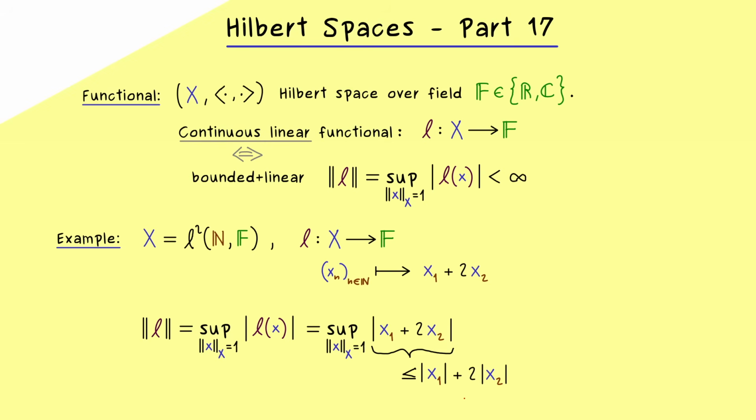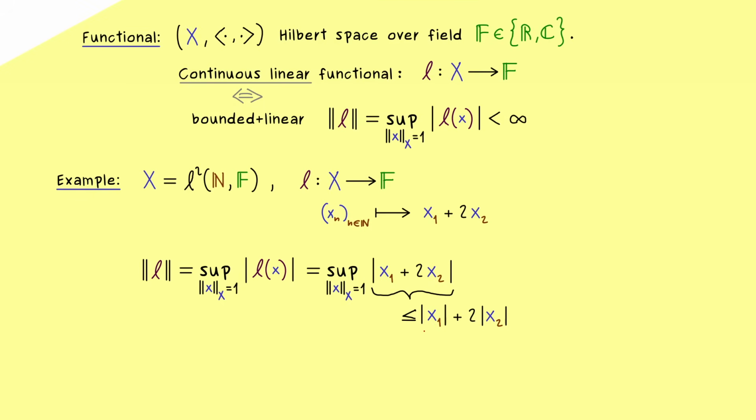This immediately implies that a single component cannot be larger than 1 in the absolute value. Otherwise, the whole L2 norm would also be greater than 1. So we don't have to calculate much here, because we immediately see that the whole supremum has to be less than or equal to 3. In particular, it's finite, so we have a bounded linear functional.